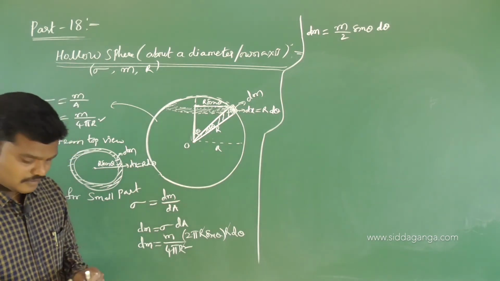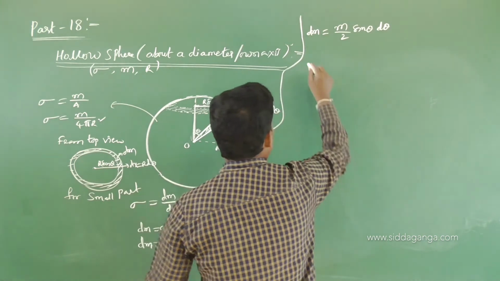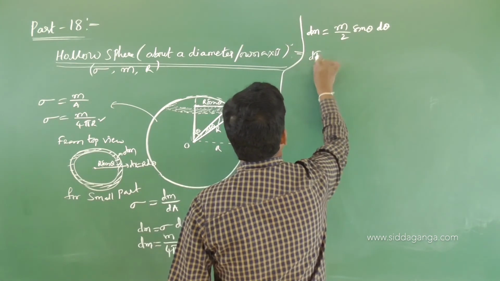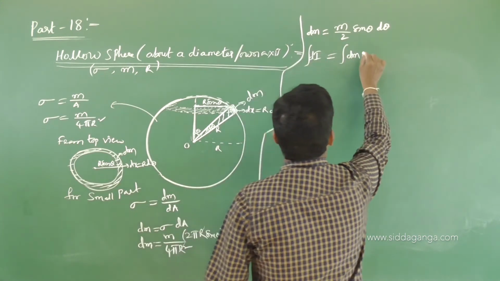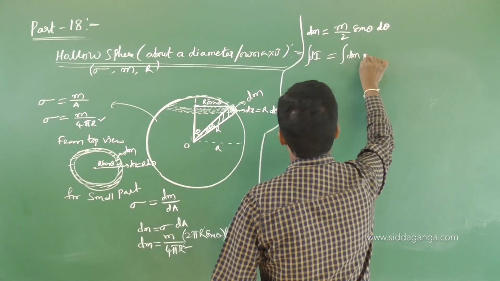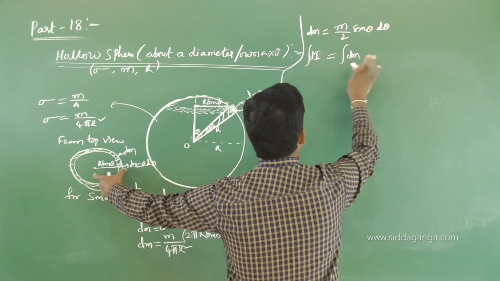Then our target is to find the moment of inertia. So dI is equal to the integration of dm into x square.